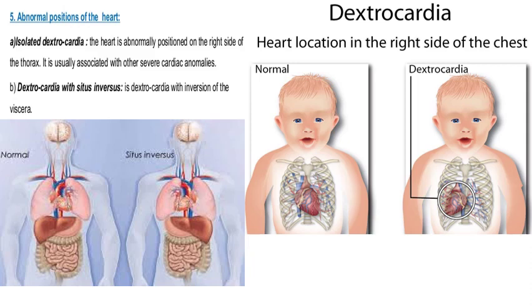So when it is associated with dextrocardia, it is called situs inversus totalis. If dextrocardia is present without involvement of any of the other organs, it is called isolated dextrocardia, or dextrocardia itself.